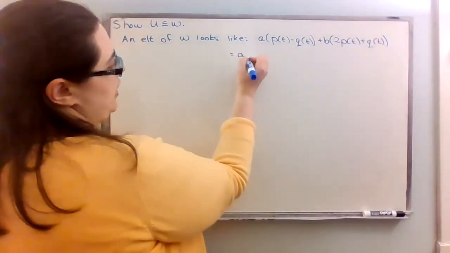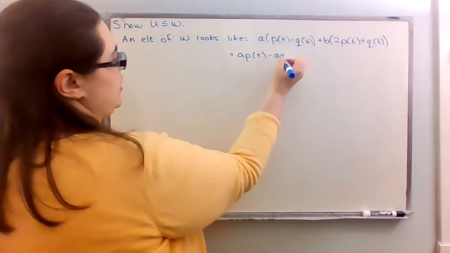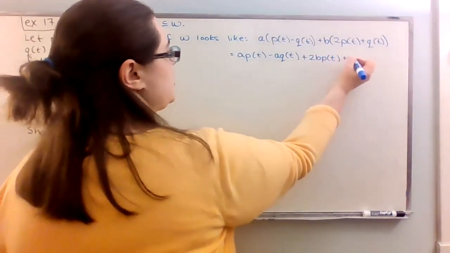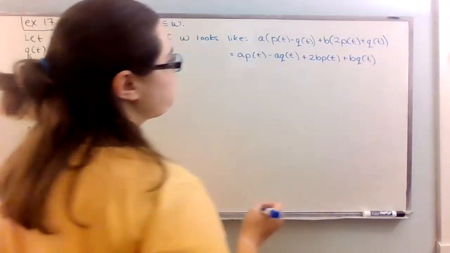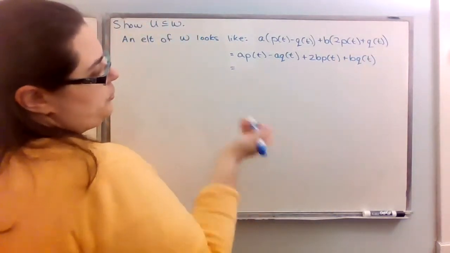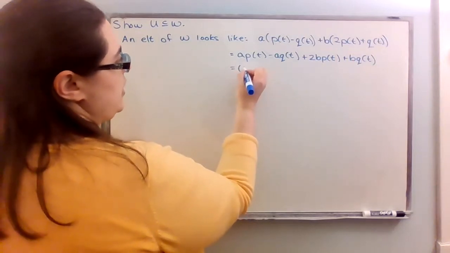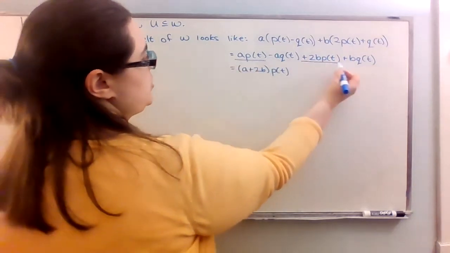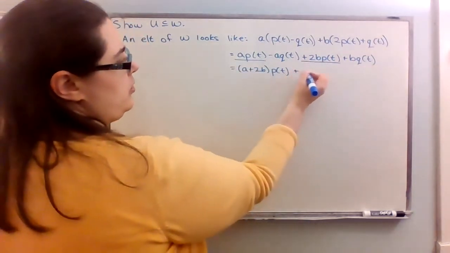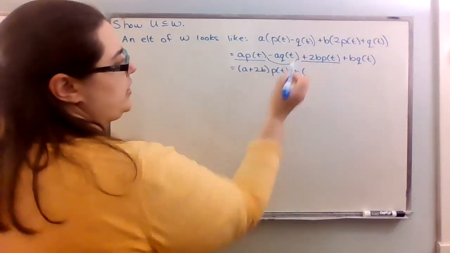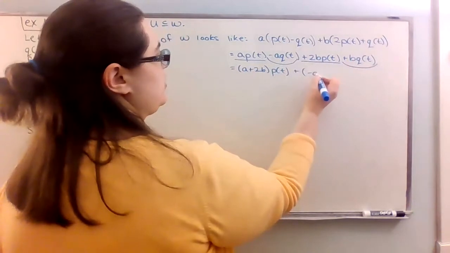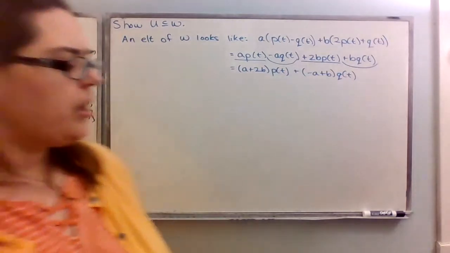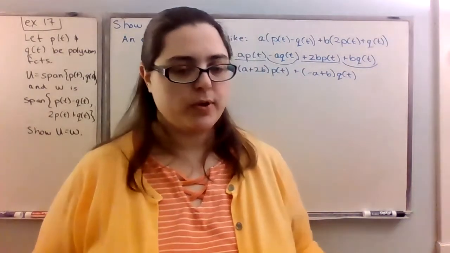This is going to be A P of T minus A Q of T plus 2B P of T plus B Q of T. And then grouping my P of T's together, I get A plus 2B times P of T, plus negative A plus B times Q of T.